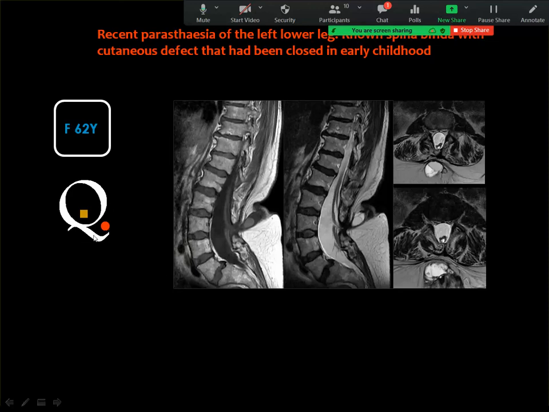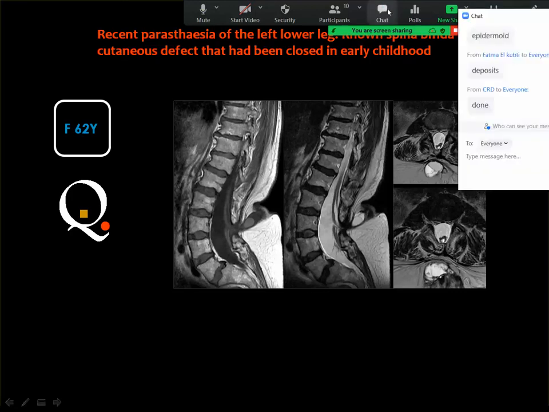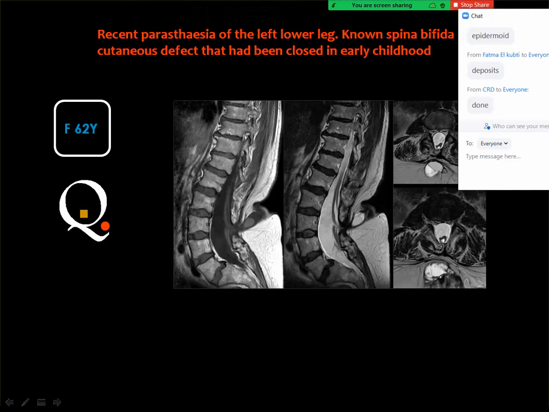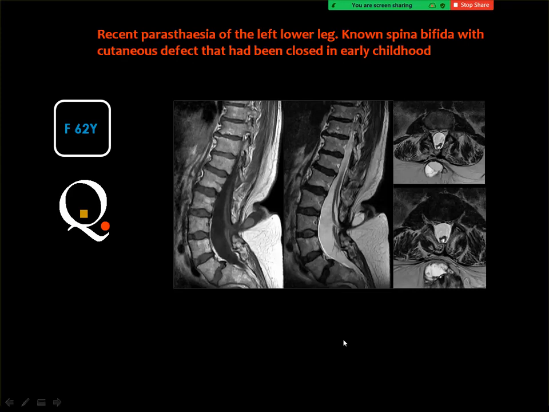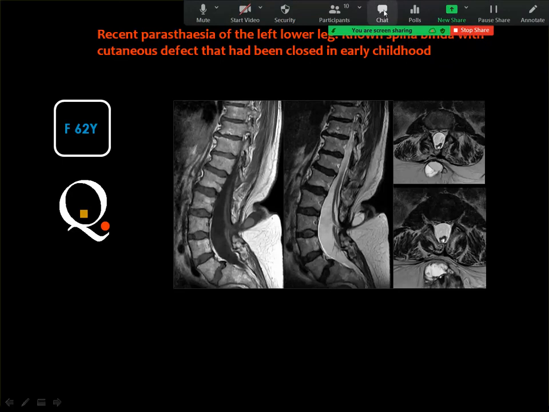Then the next case is a female patient, 62 years old, with recent paresthesia of the lower leg and a cutaneous defect that has been closed in early childhood. And what do you think about this lesion?